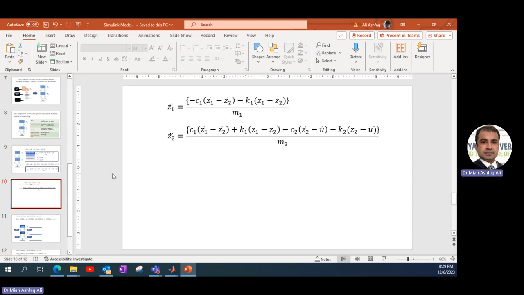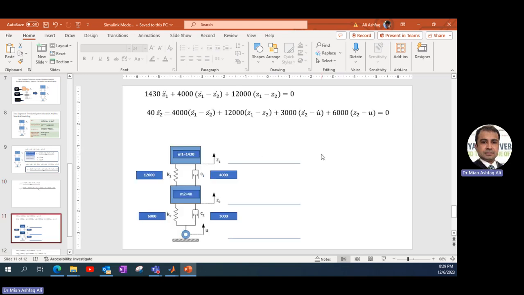Those are the two equations that we need to model in Simulink. If we put all the numerical values in the equation, these are the two resulting equations. I have shown all the parameters on this figure: M1, M2, K1, K2, C1, C2.